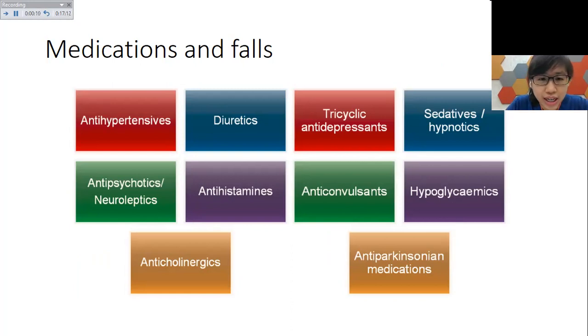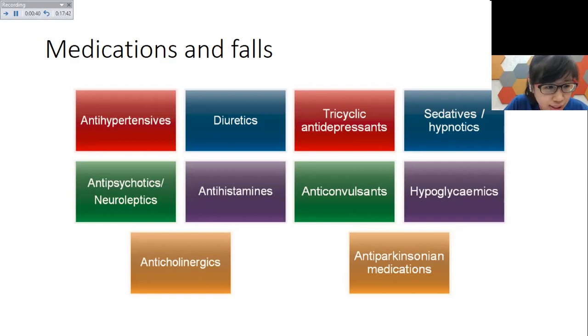So polypharmacy has been shown to increase fall risk, simply because medications can affect the maintenance of adequate blood perfusion of the organs that contribute to the optimal function of the sensory and musculoskeletal system during postural change. As we see here, the antihypertensives, diuretics, tricyclic antidepressants, and anticholinergics can cause postural hypertension and trigger falls.